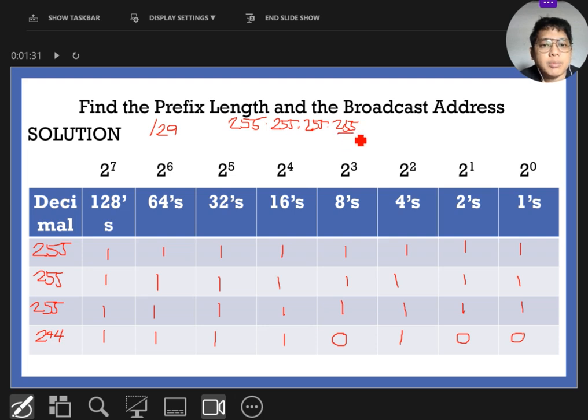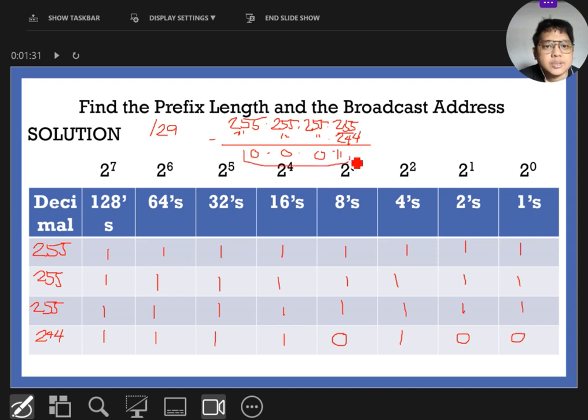So this is the maximum host portion of a subnet mask. Minus our current subnet mask, we get 0.0.0.11.